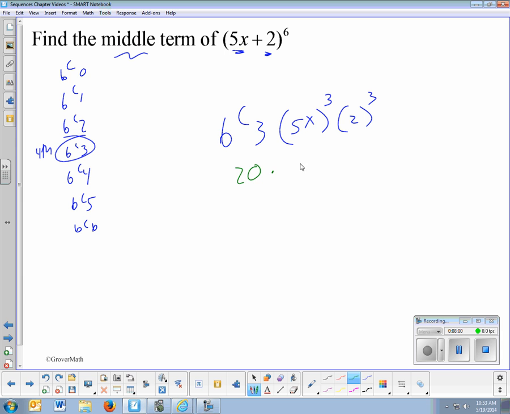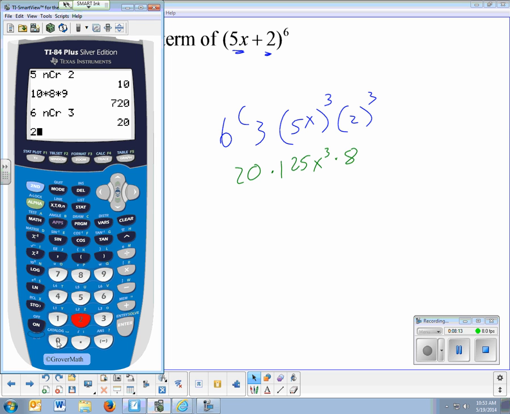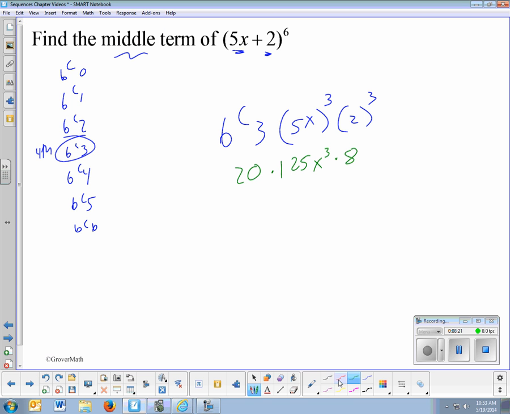Times 5x cubed. 5 cubed is 125. X to the third. Times 2 to the third is 8. So I definitely need my calculator for this multiplication. 20 times 125 times 8 is 20,000. So 20,000 x cubed will be my final answer.